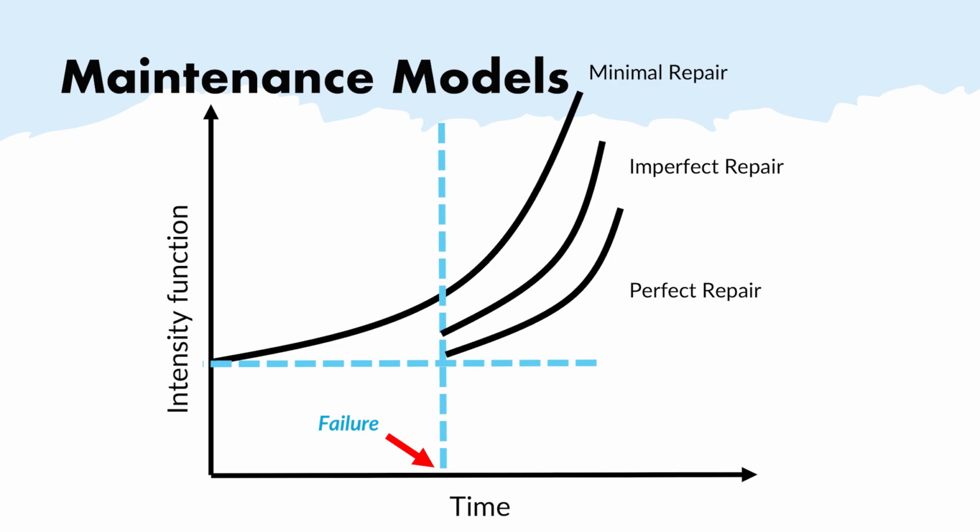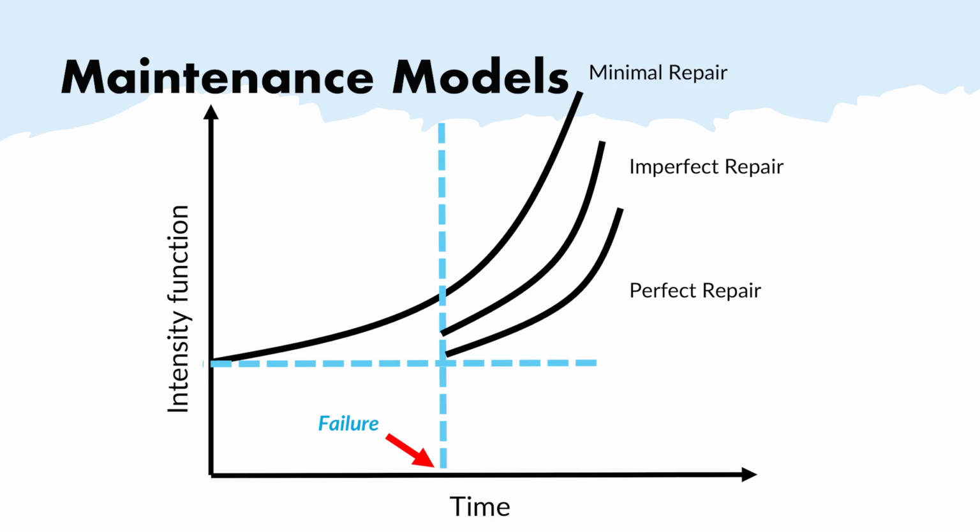But we now need to introduce a new concept, which is the concept of repair or maintenance action. Since we are talking about repairable systems, they will be repaired. And once a repair is done, it can change the intensity function. And we need to be aware of that.